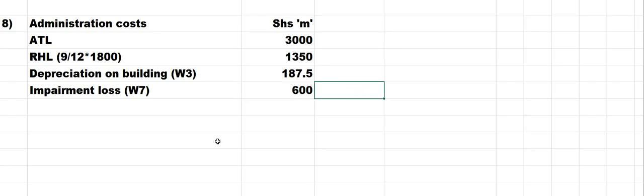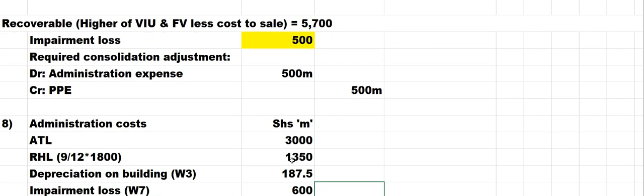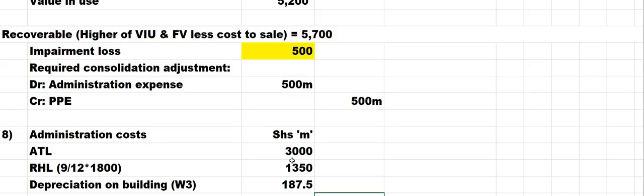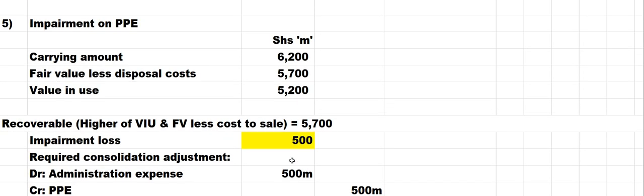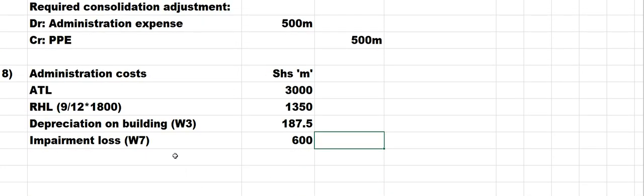Then there is also something to add. What else? There is also the impairment loss on PPE. This 600 is a revaluation loss.